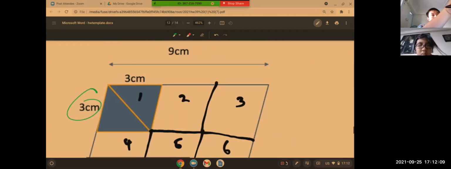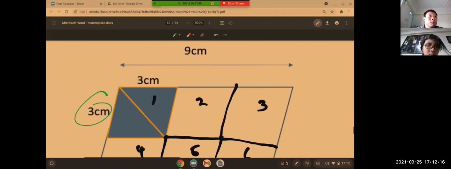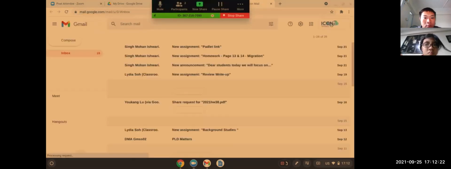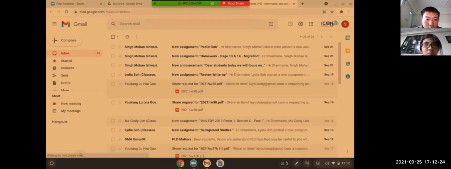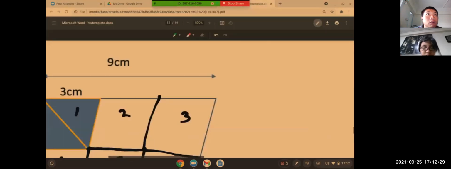Okay, good. Then show me the height. Draw the height now. Good. Show me the height. You better remember this. Huh? Why did you go to Gmail? I need to take a ruler.